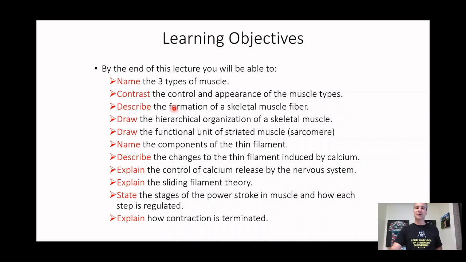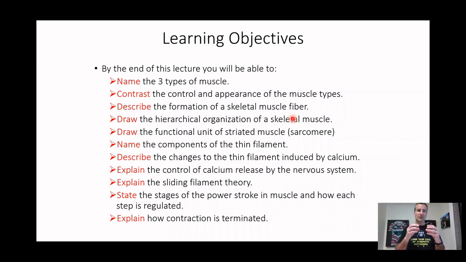You should be able to describe the formation of a skeletal muscle. How do we make a skeletal muscle fiber? Because it's not the same way that we make a liver cell or another cell, because skeletal muscle fibers are actually cells that have had other cells come in and fuse together to form one big cell.